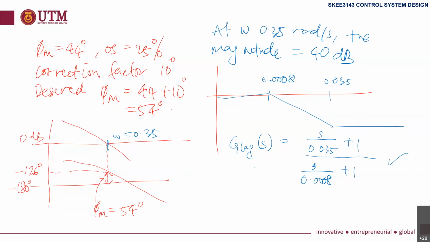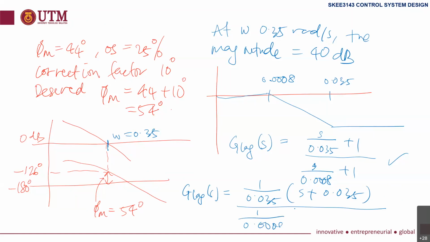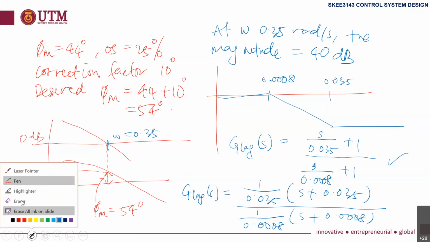Of course, it can be rewritten like this, 1 over 0.035 times s plus 0.035, over 1 over 0.0008 times s plus 0.0008. I take those out of the bracket. Then again, it can be further simplified.